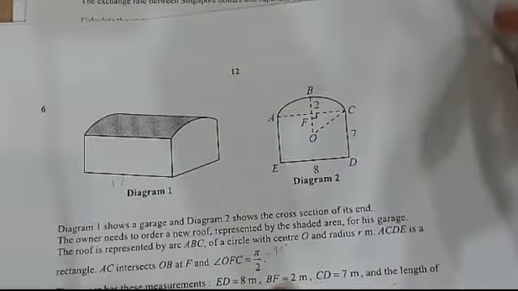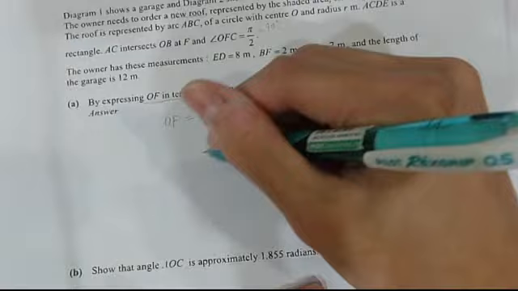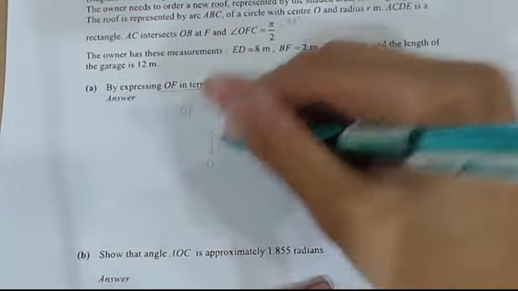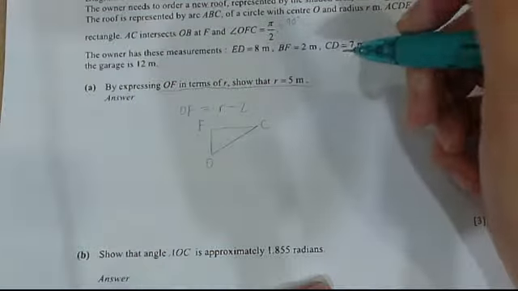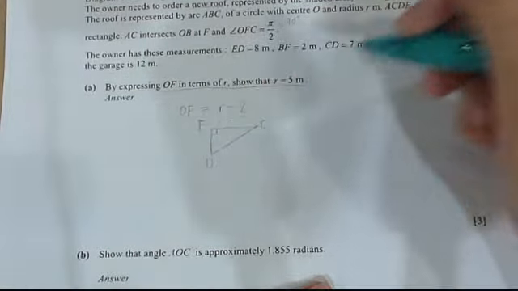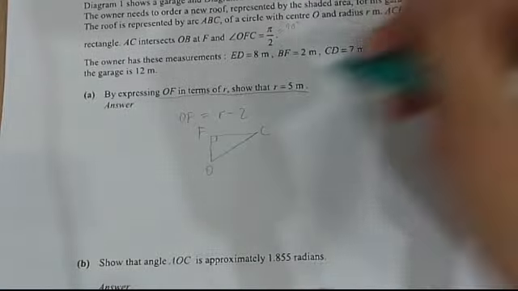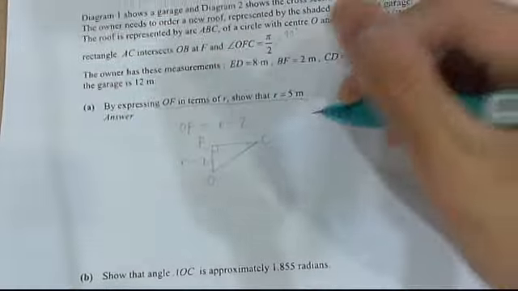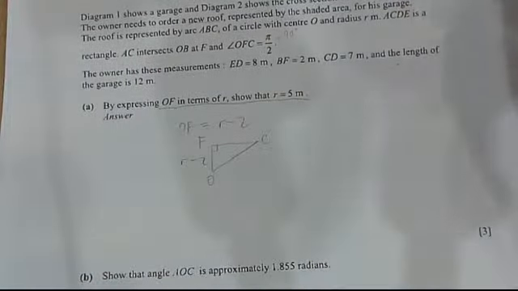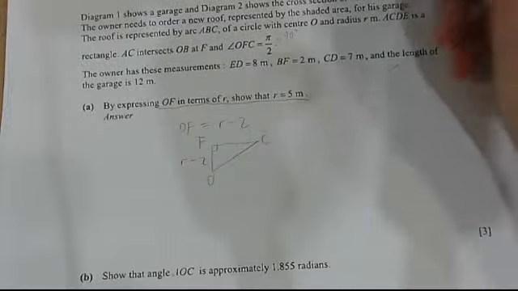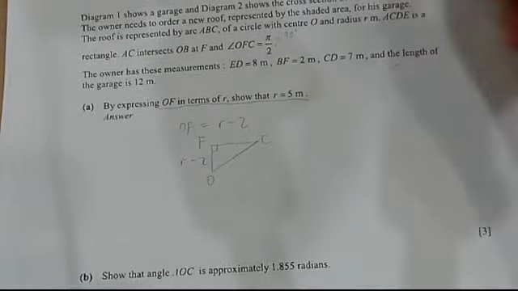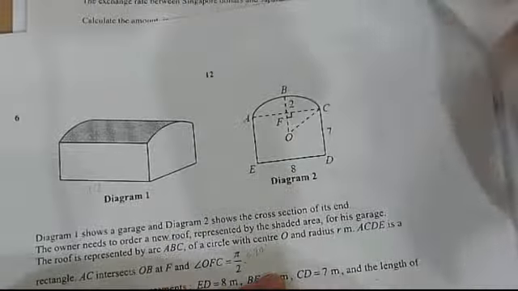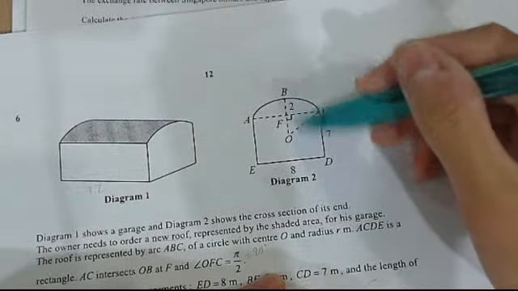I'm gonna draw a diagram. So we have O, we have F, and we have C. We know that this is a right angle, and that OF is just R minus 2. FC is half of ED, because ED is AC and AC is a chord.